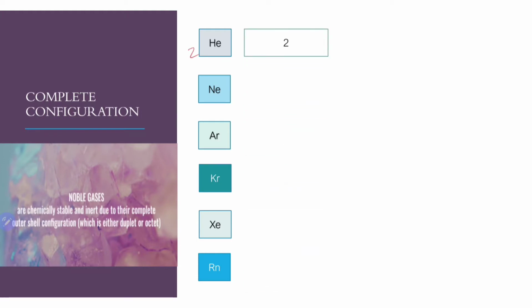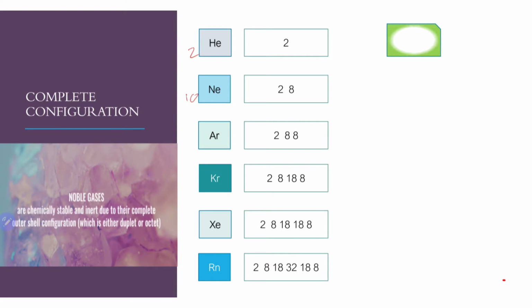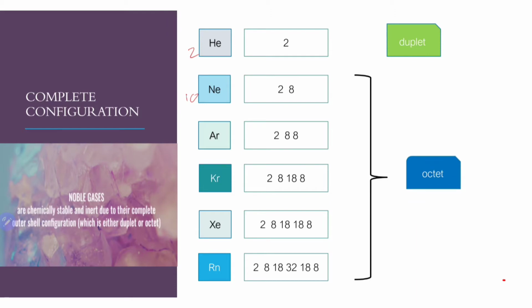Helium number 2, the configuration 2; neon 10, the configuration 2, 8; argon 2, 8, 8; krypton, xenon, and radon. Helium is a duplet, and the others are octet with 8 valence electrons.